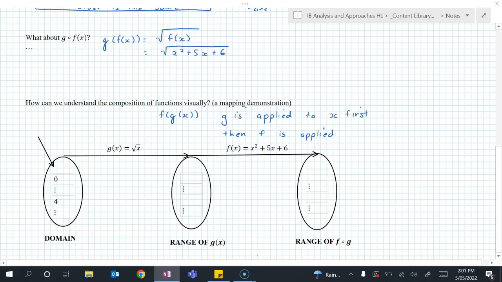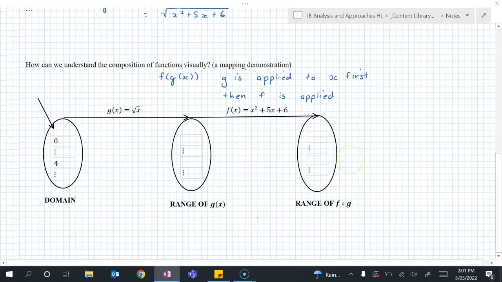So g gets applied first, and then we apply f to those values that have had g applied to them. So g gets applied, then f.